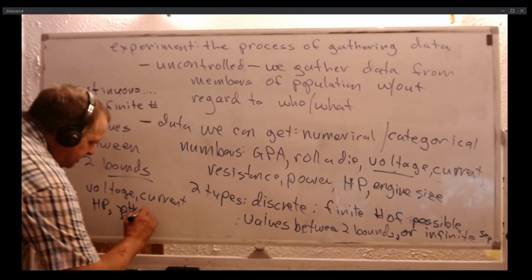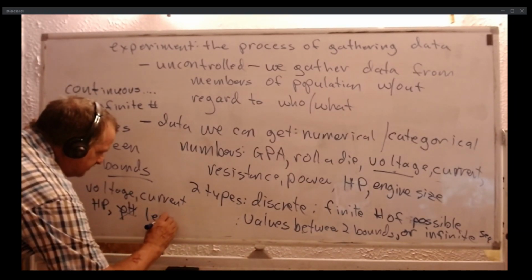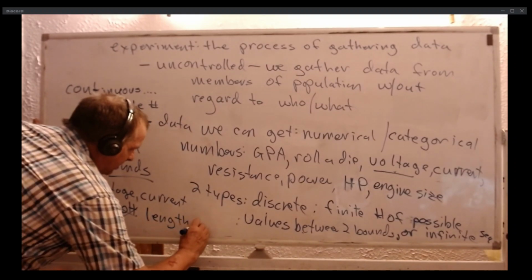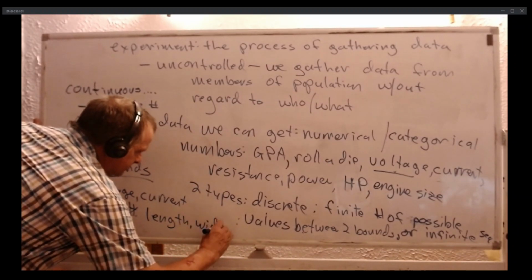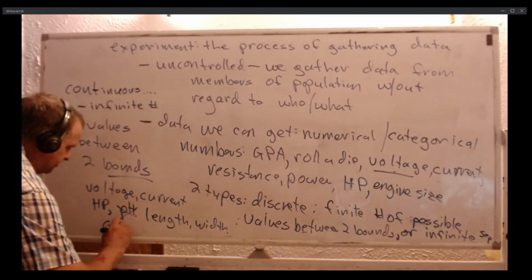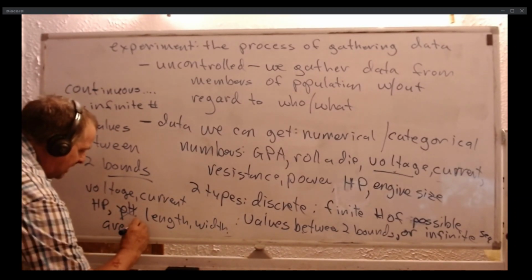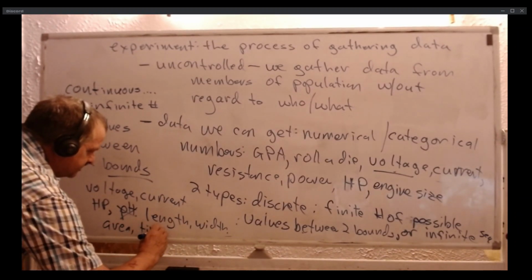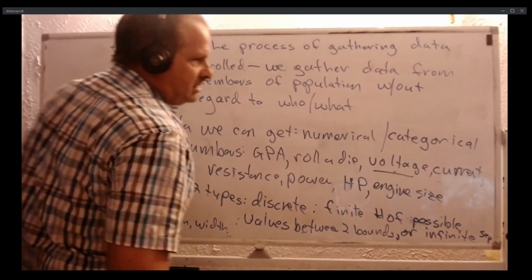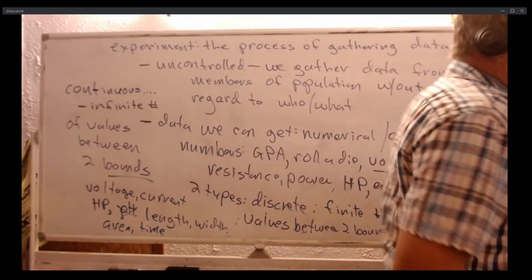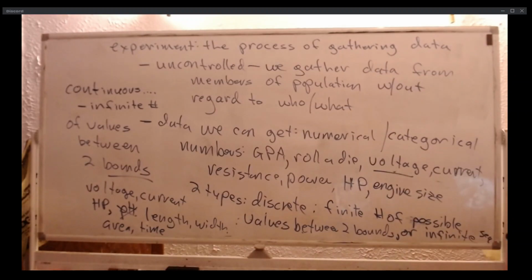What's not discrete is something like length or width or area, right? Or time. Time to arrival, time between failures, things like that. Those are all continuous quantities. Okay? Does that make sense, everybody?